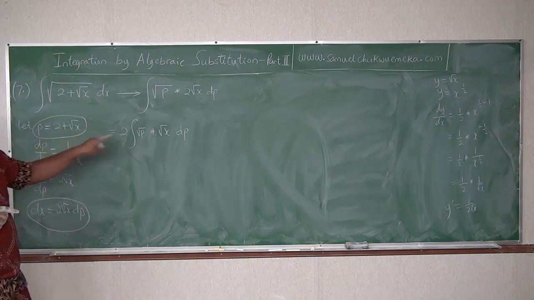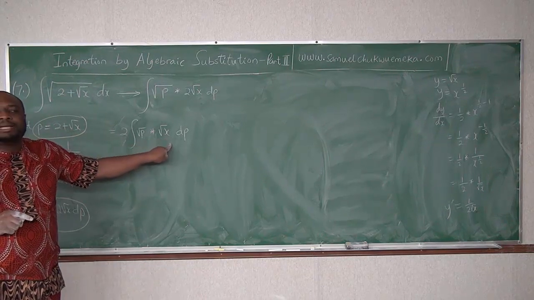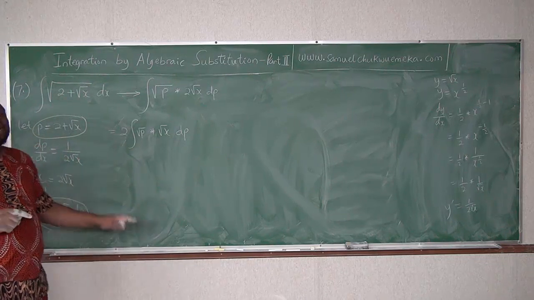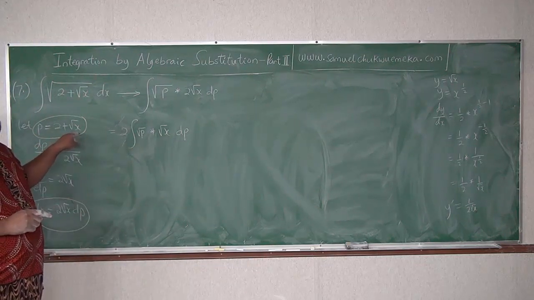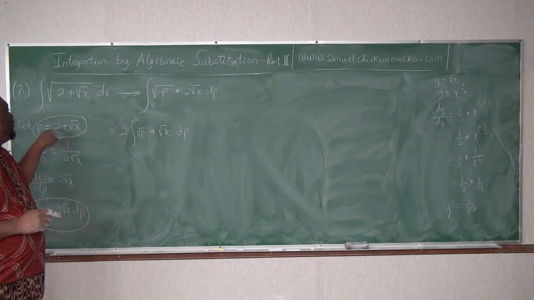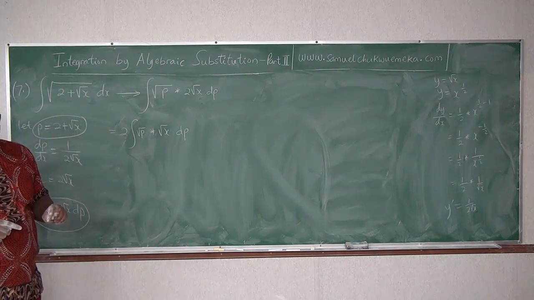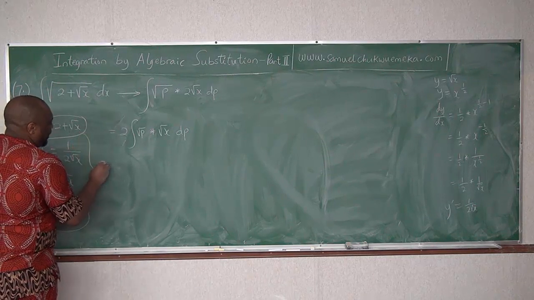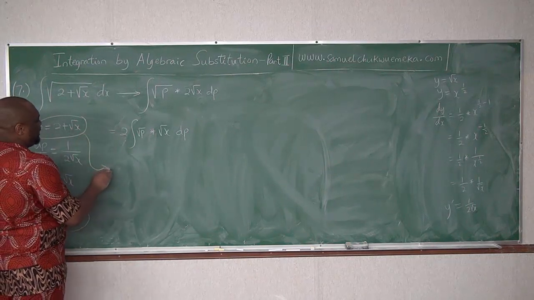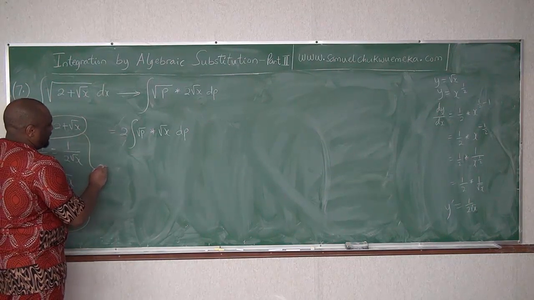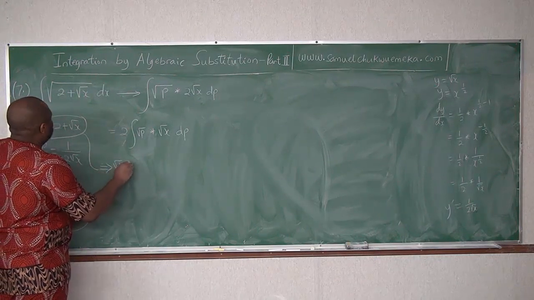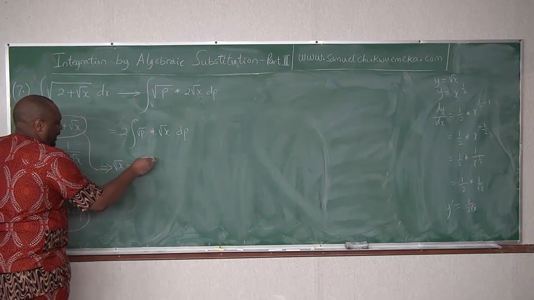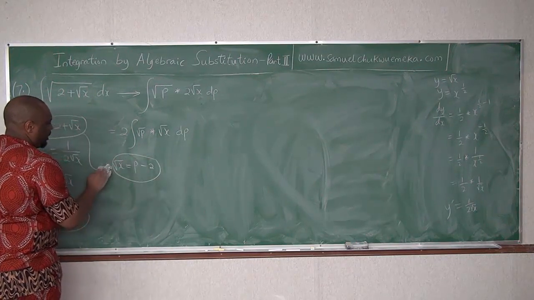We can't integrate x with respect to p, so we have to substitute back. Root x will give us p minus 2. From here, this implies that root x is p minus 2, and that is here.